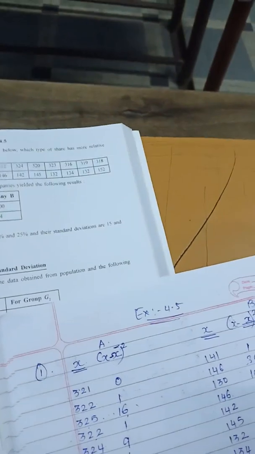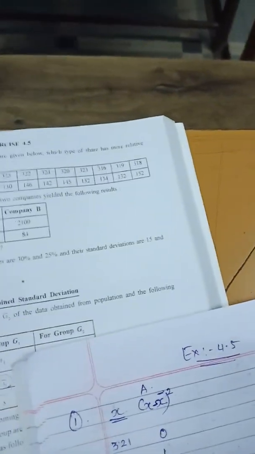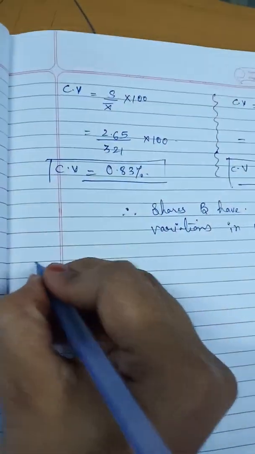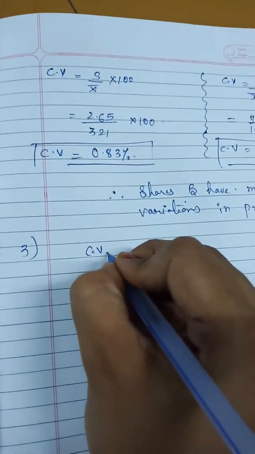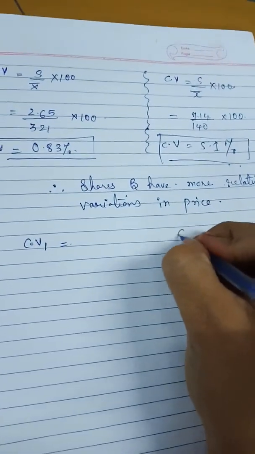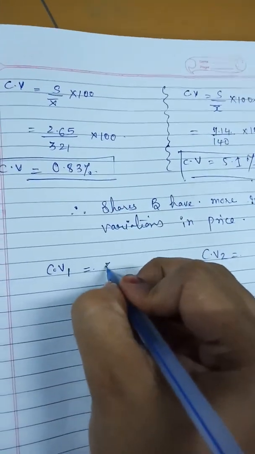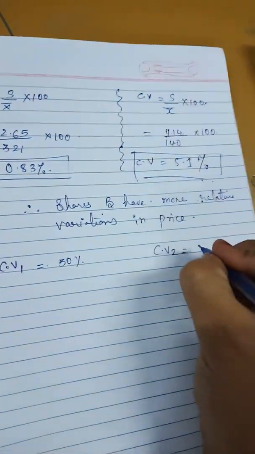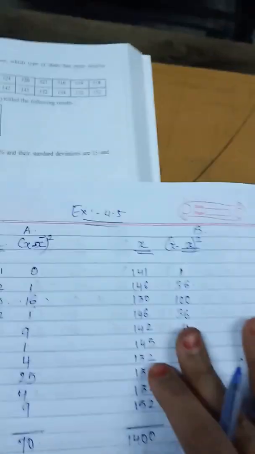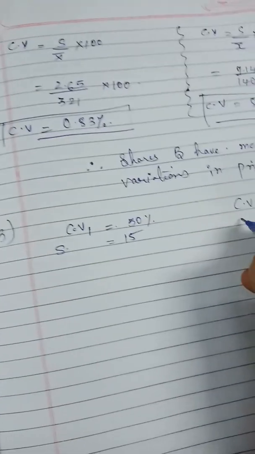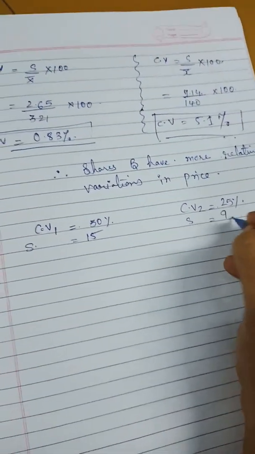Now in sum number 3, see what is there. The coefficient of variation of the two series are 30% and 25%. Means coefficient of variation they have given, for 1 and for 2, means A and B. In first they have given 30% and the next 25%, and the standard deviations are 15 and 9 respectively.